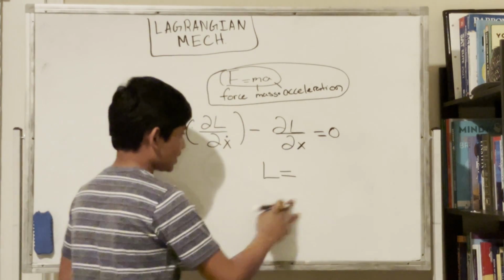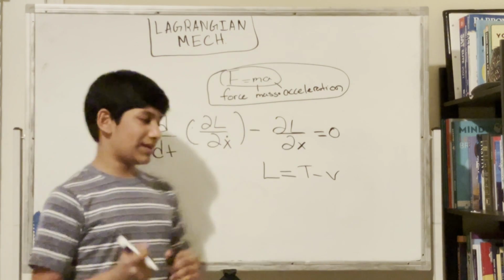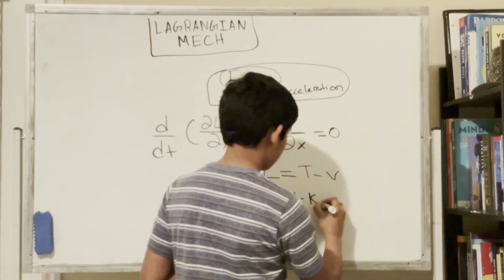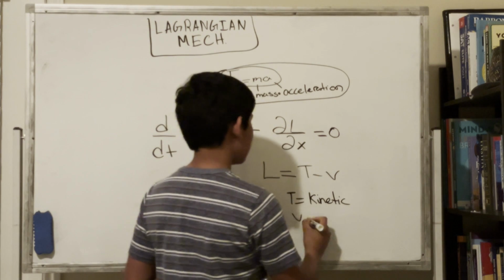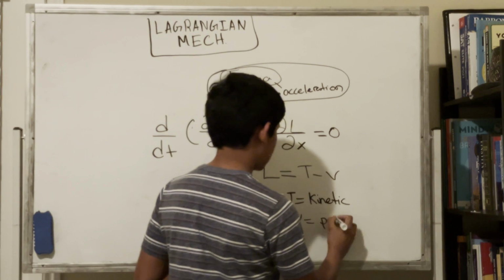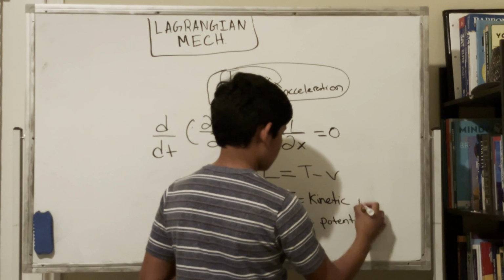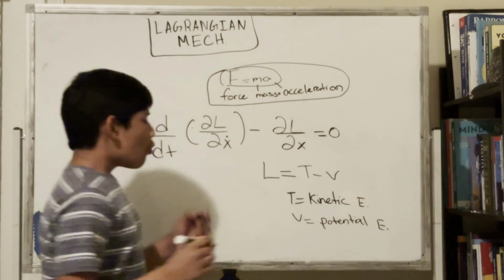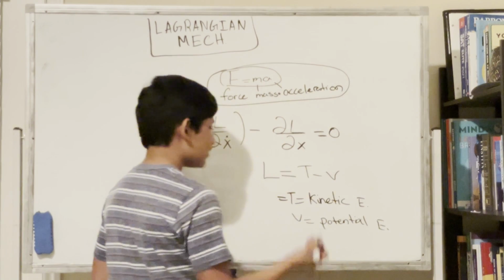The Lagrangian is equal to T minus V. Well, what are T and V? T is just the kinetic energy. On the other hand, V is going to be the potential energy. Now we're just going to take from a simple system the values of these.